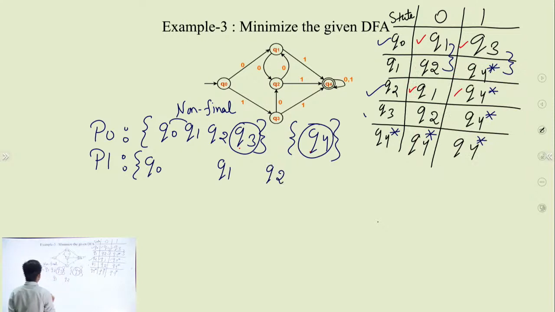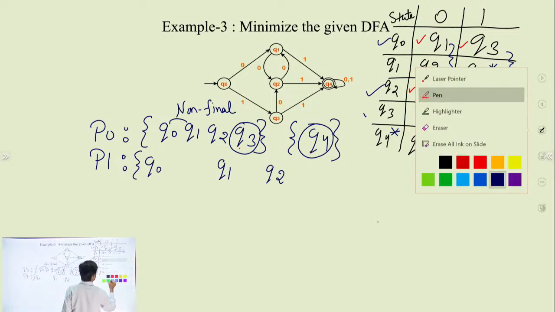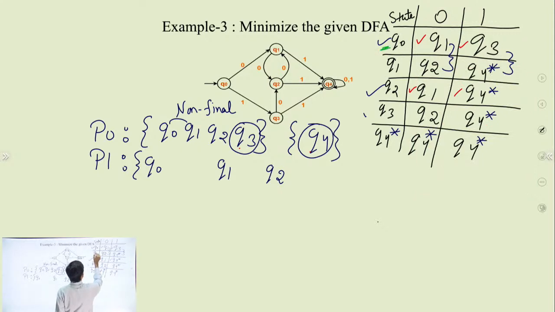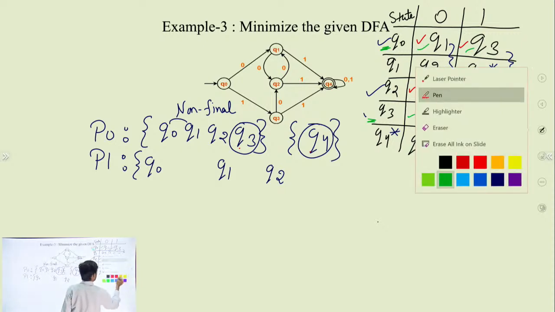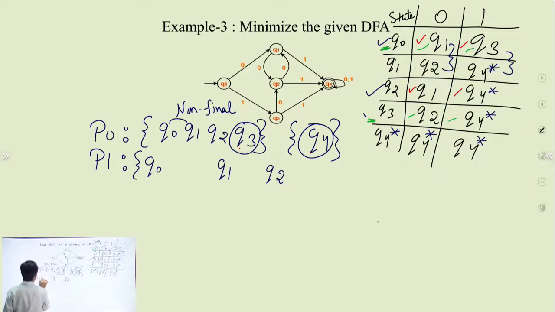Now check Q1, Q2, Q3. Take a different color, Q node and Q3. Q1, Q2 same set, Q3, Q4 different set. So this is also separated. So Q node, Q1, Q3, all these are separated.